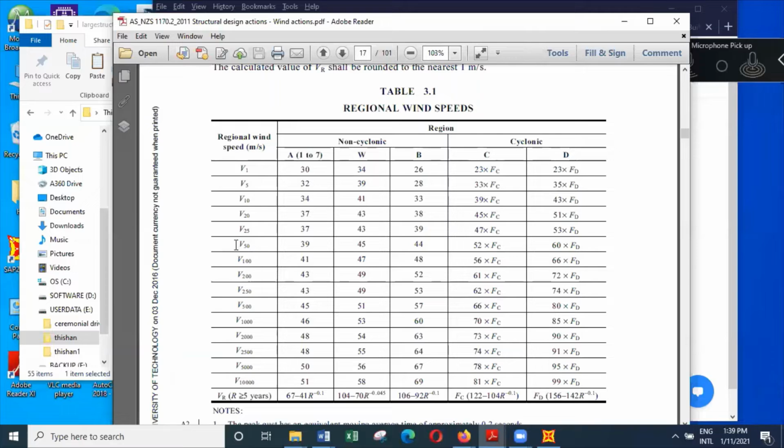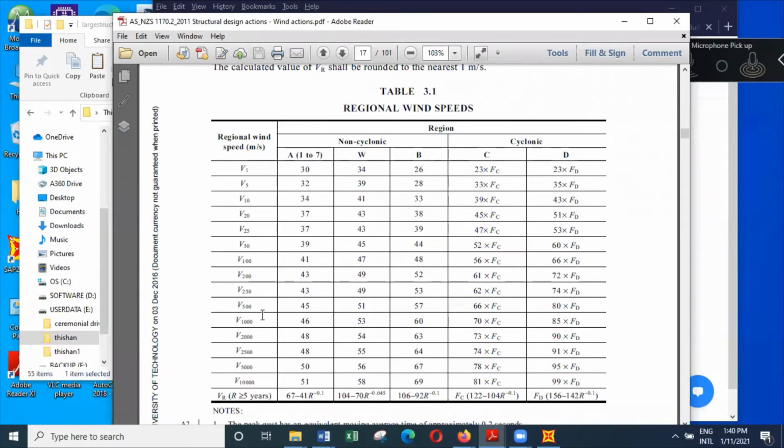But when you want to design for ultimate limit state, rather than multiplying the wind force corresponding to this velocity by a factor of safety, they go for a higher return period.